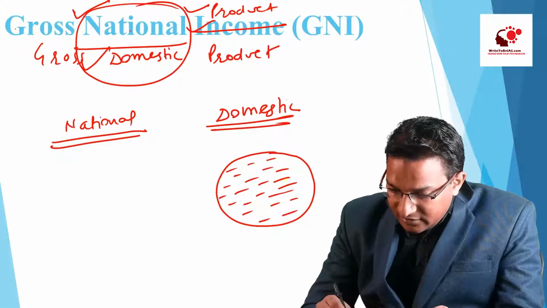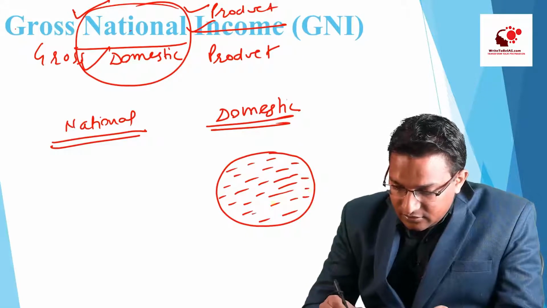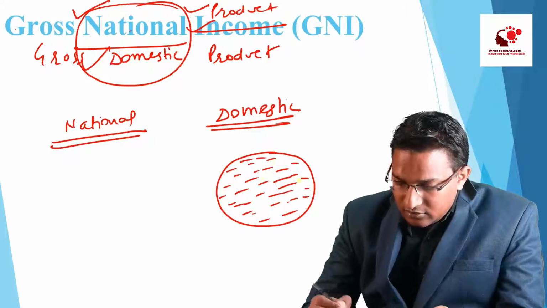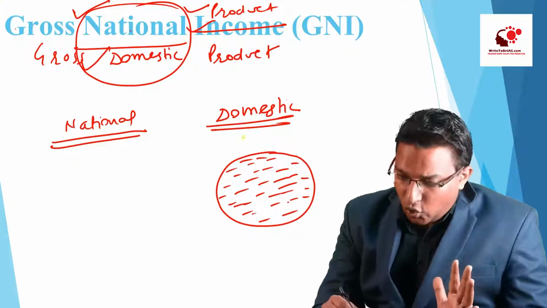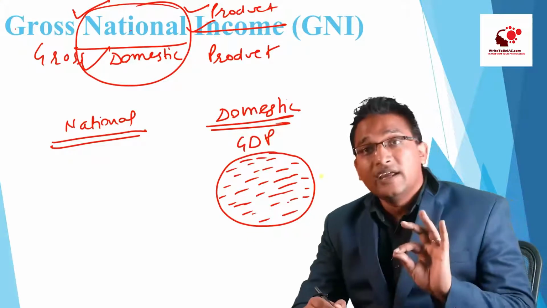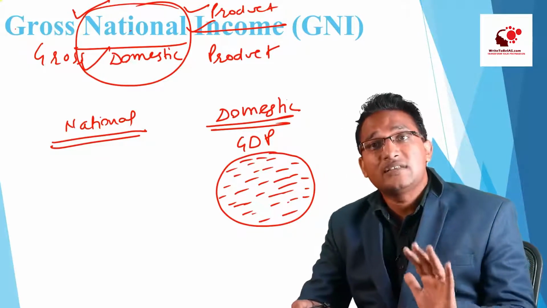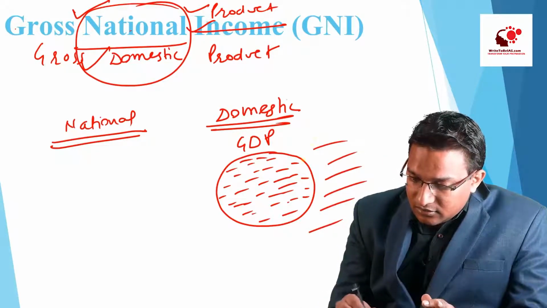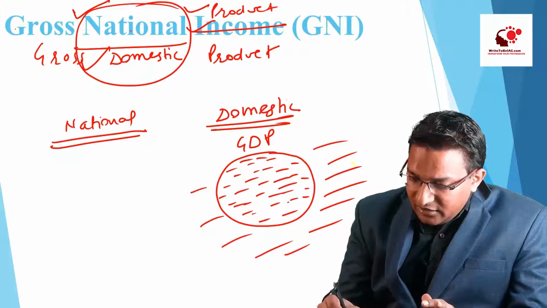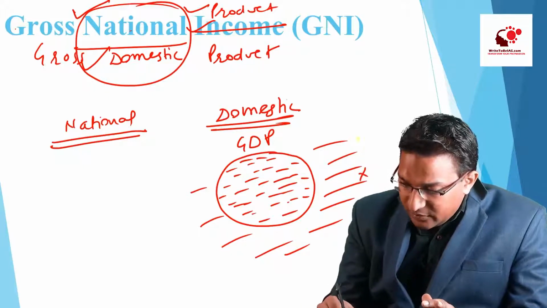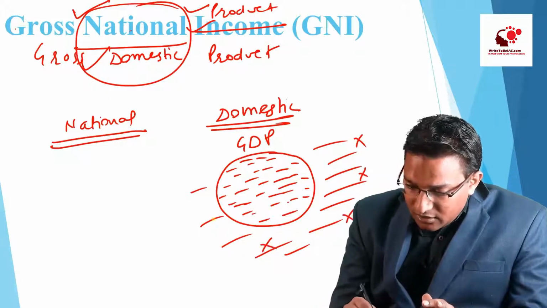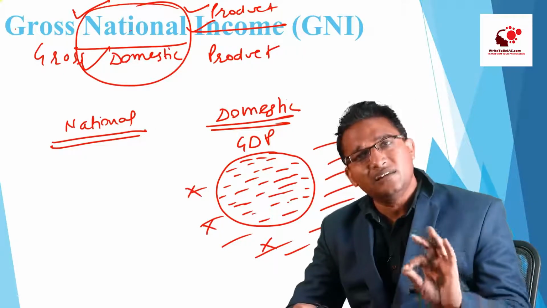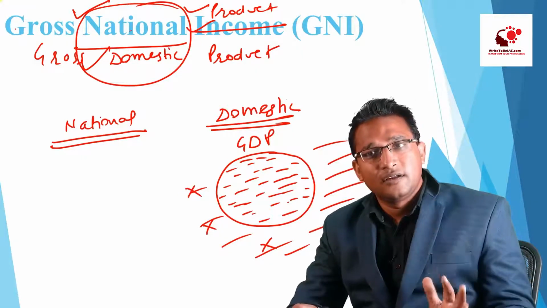So all the production that is happening in this economic territory is the GDP. If this is happening outside the economic territory, then this is not part of GDP, right?